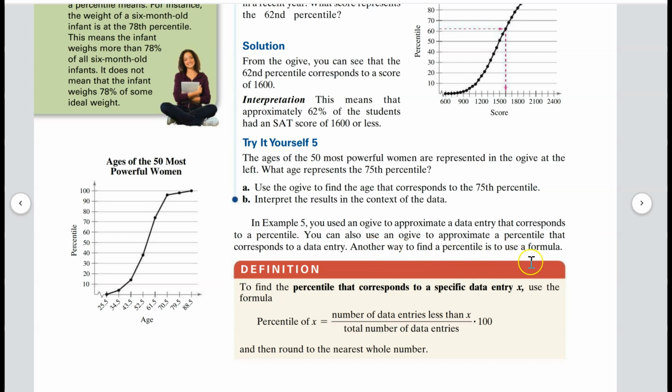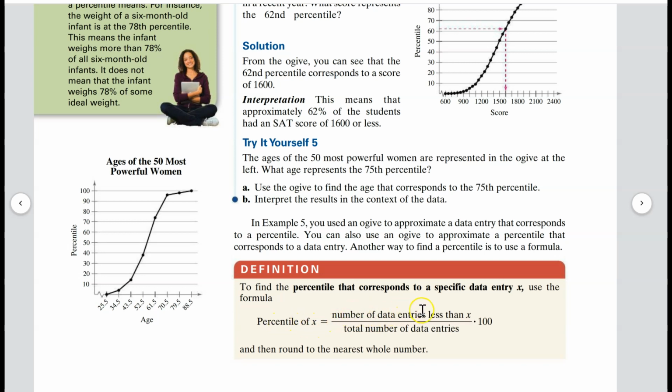So another way to find a percentile is to use a formula. This is a useful formula. The percentile that corresponds to a specific data entry x, we use this formula. So if you have a specific score or weight or whatever, and you want to find the percentile of that data point x, then you do this formula.